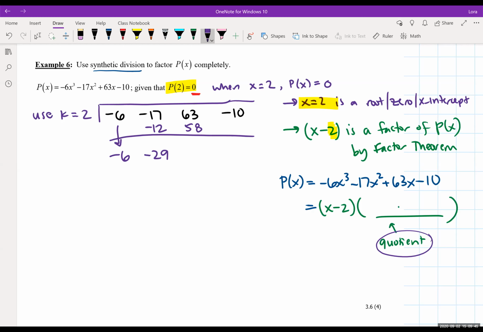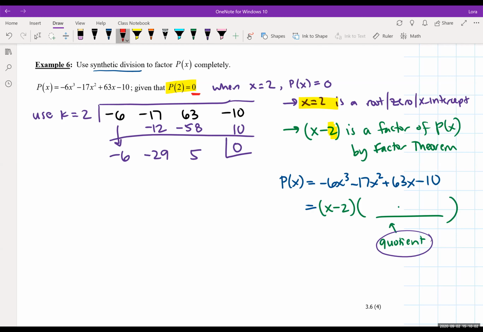So we'll add vertically: 63 plus -58 is going to give us a 5 below the line. 5 times 2 gives us a +10. And when we add vertically, look what we get, a remainder of 0.